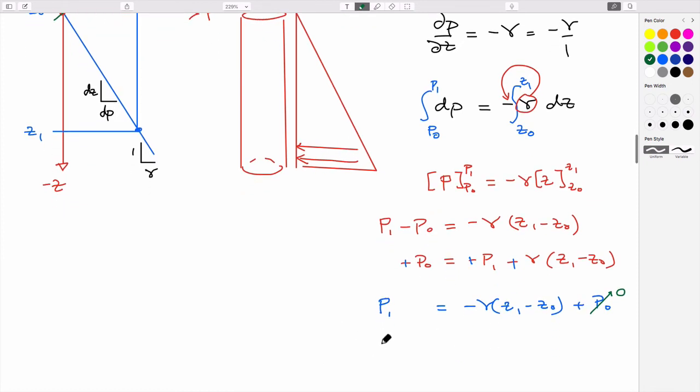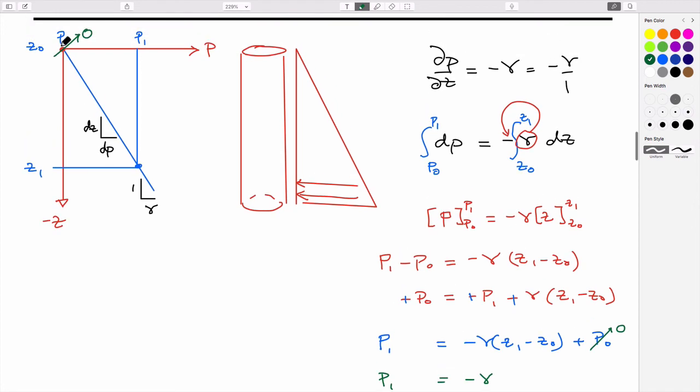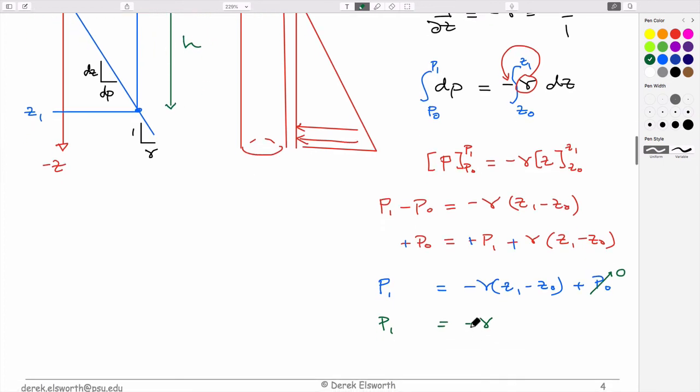And the rest is that P1 is equal to minus unit weight times (Z1 minus Z0). Z1 is more negative than Z0, and so if we think of this difference as just being a positive number, h, this gives us P1 equals unit weight times h, and that's the expression that we'll use.